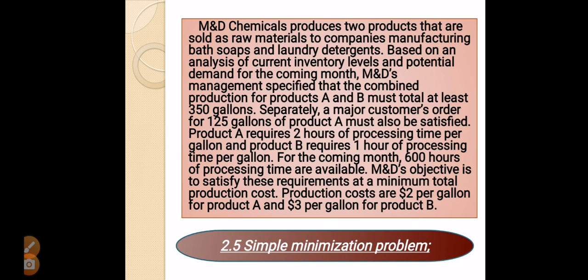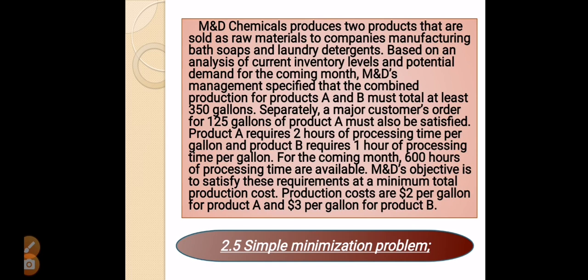So now let's go to 2.5, the simple minimization problem. M&D Chemicals produces two products that are sold as raw materials to companies manufacturing both soap and laundry detergents. Based on an analysis of current inventory levels and potential demand for the coming months, M&D's management specified that the combined production for products A and B must total at least 350 gallons.